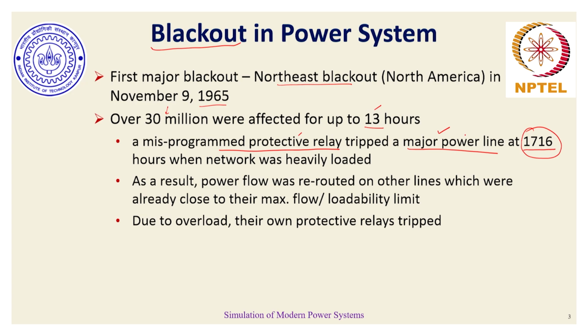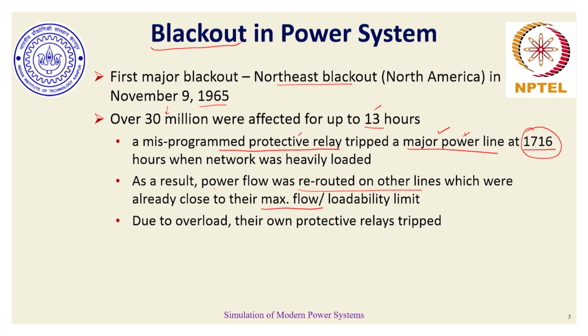So when one line got tripped or was out of operation, power now was flowing through other lines, which eventually made these neighboring lines carry power or current close to their maximum loadability limit.